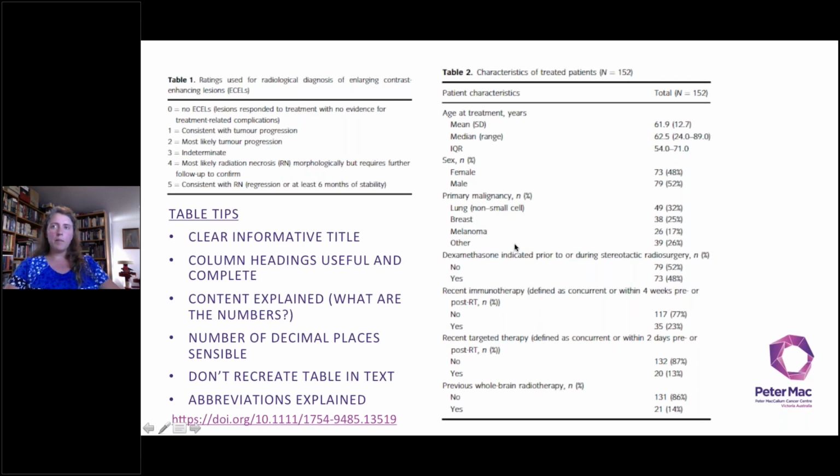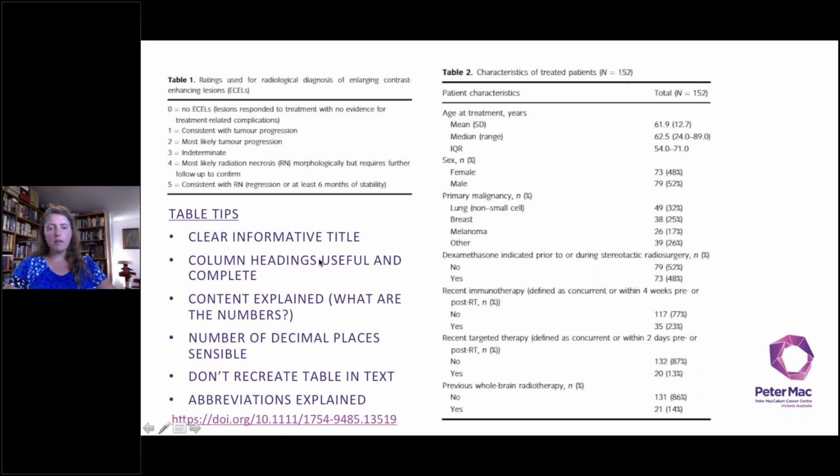So, some nice information when you're planning a table to communicate to other people. Provide your table with a clear, informative title. It's your aim when you're presenting tables and figures in your paper that they can stand alone, that you don't need to go into the text to glance at the table and understand the details that are being provided to you there.